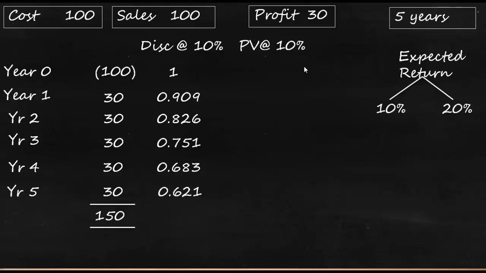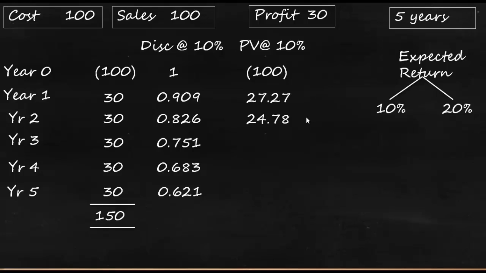For this 100 it's going to be the same 100 because it is discounted at 1. But the 30 which we are going to receive after 1 year is not going to be 30. It will be 30 multiplied by 0.909, which is 27.27. So 30 rupees received after 1 year is equal to 27.27 today.